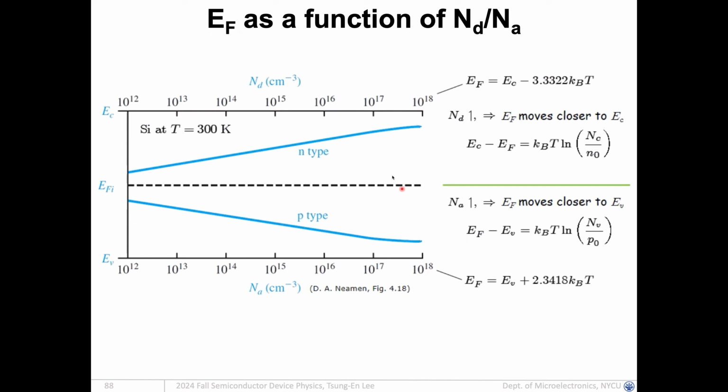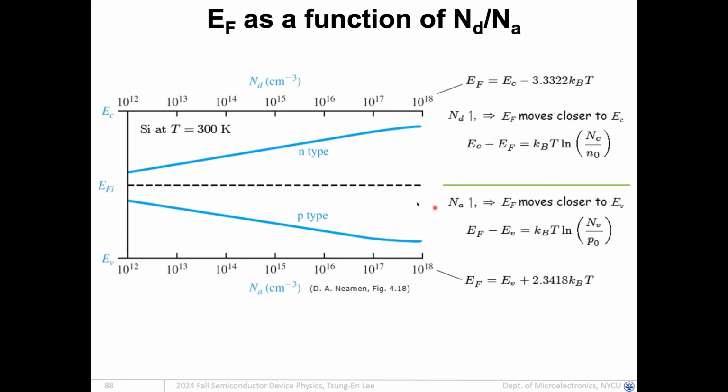And for the Fermi level as a function of the carrier concentration, you should always know that you can check the carrier concentration by the position of the Fermi level. If the electron carrier concentration is higher, the Fermi level moves closer to the conduction band. If the hole carrier concentration is higher, the Fermi level moves closer to the valence band.